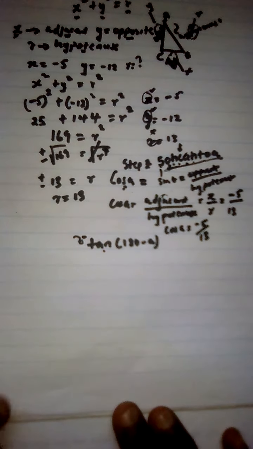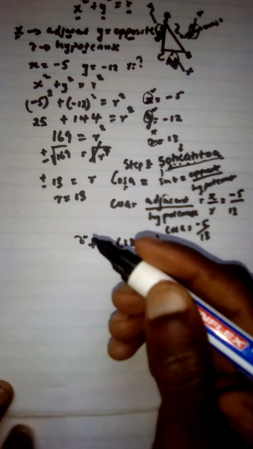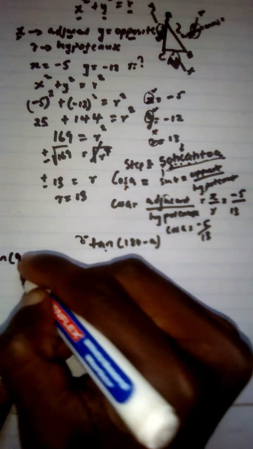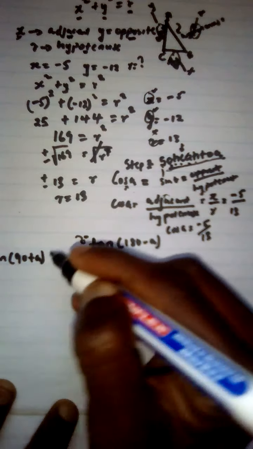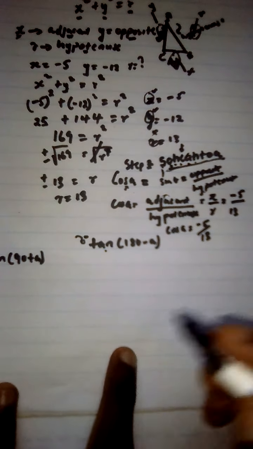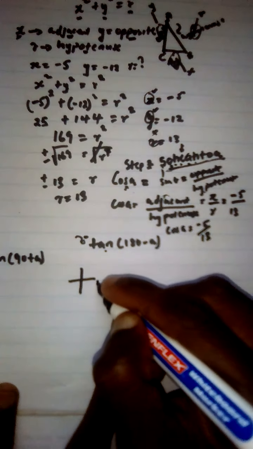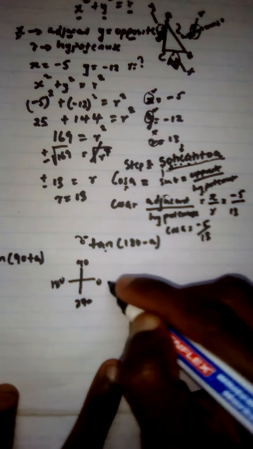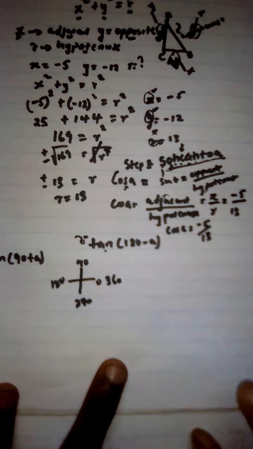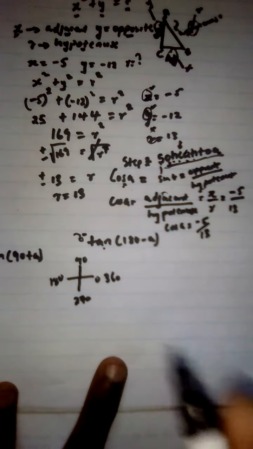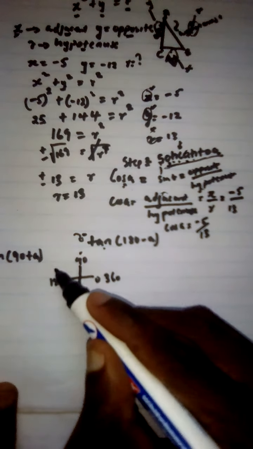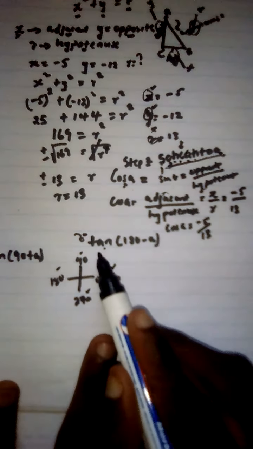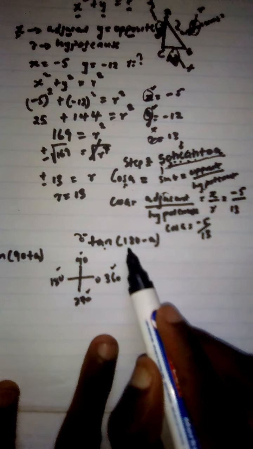The reduction formula will be something like this. When you see sine 90 plus alpha, or let me draw something like this. Let me say 0, 90, 180, 270, and 360. So if the first value inside the bracket is any of 90, 180, 270, and 360, like this one, tan, the first one inside the bracket is 180.